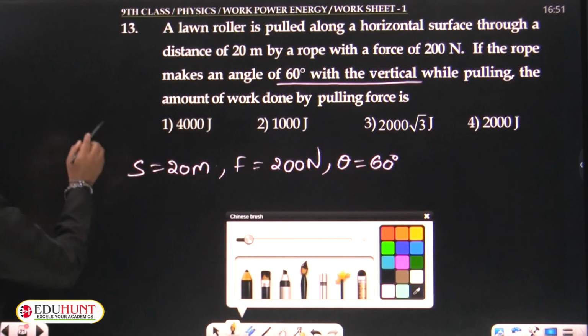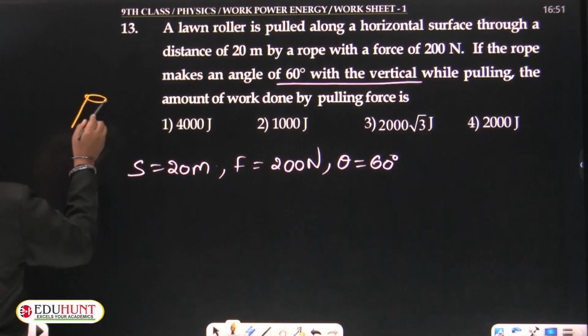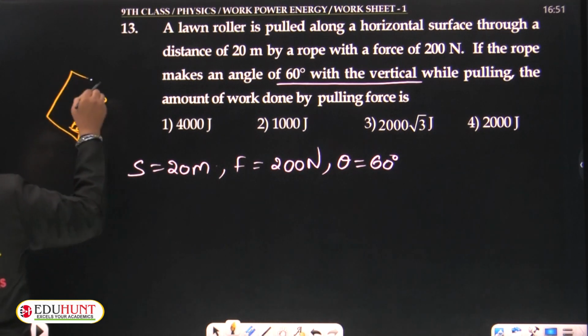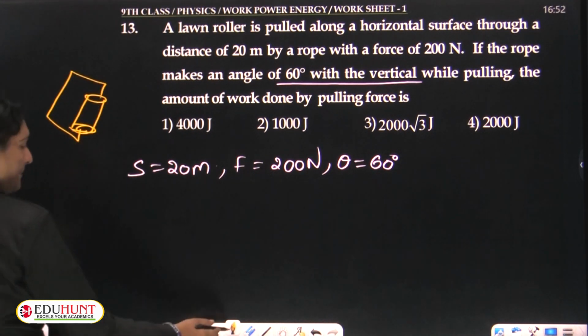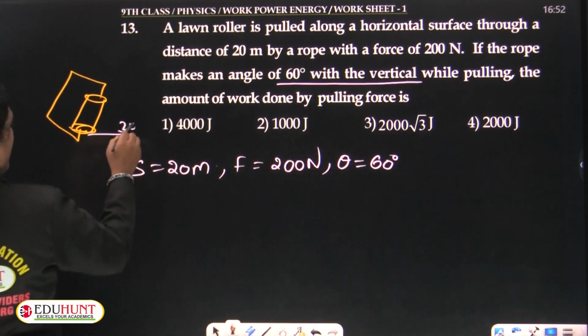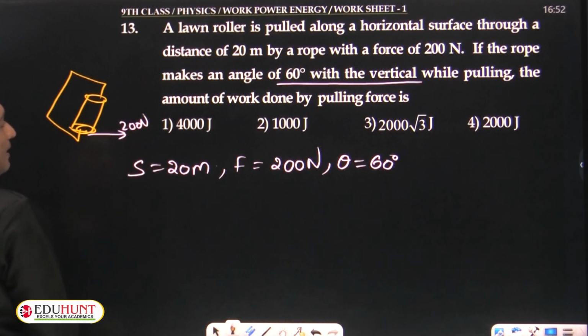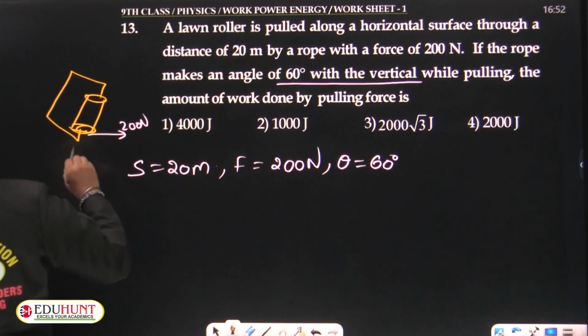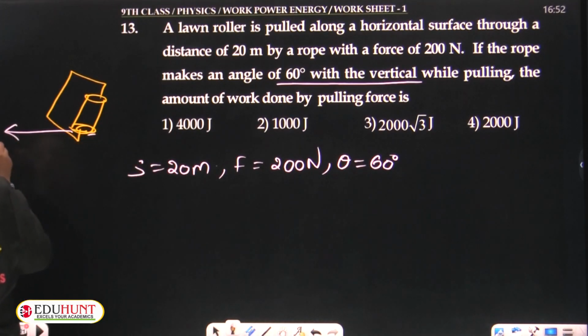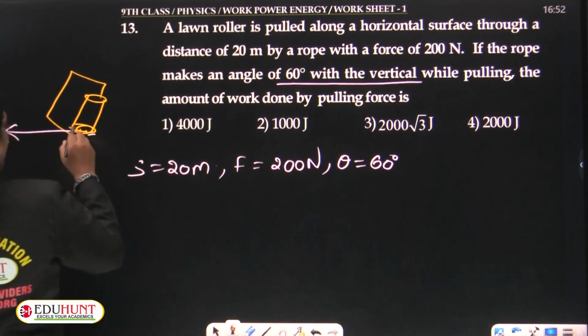First of all, let us imagine the picture, a lawn roller. On this lawn roller, some force is being applied, and the force acting on it is 200 Newton, making an angle of 60 degrees with the vertical. Let us suppose this is the pulling force F, and this is your vertical.